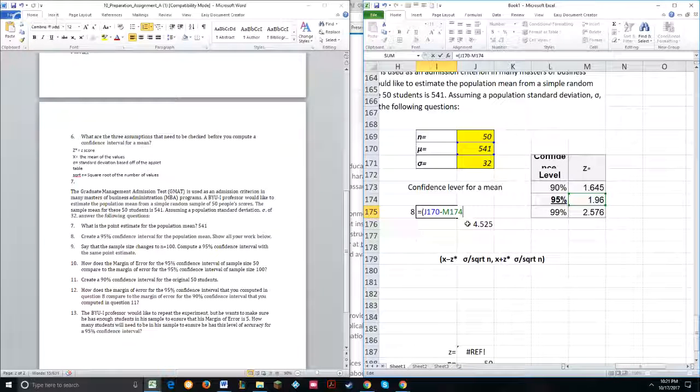Oh, wait a minute. No. All right. So that times standard deviation. Oh, wait, no. We already did that. The standard deviation divided by, so times that. What's going on?